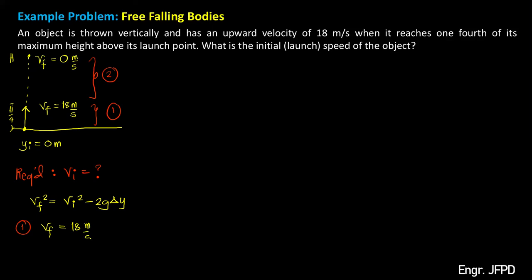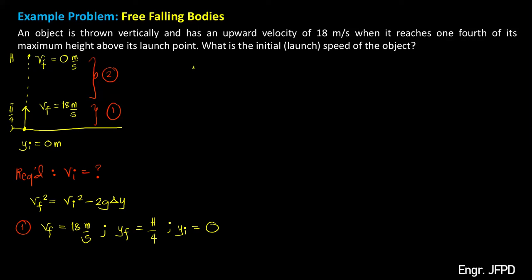Then, the final position yf here is equal to the maximum height over 4, which is h over 4, and of course our initial position yi is equal to 0.